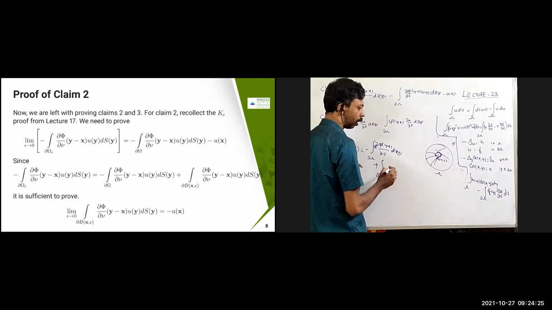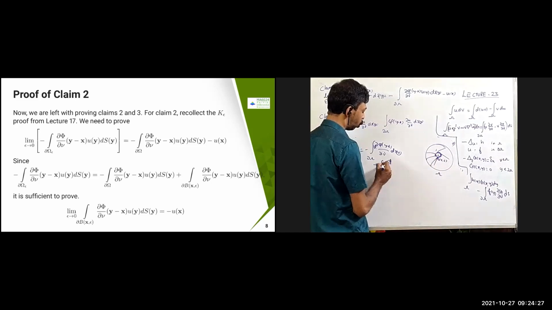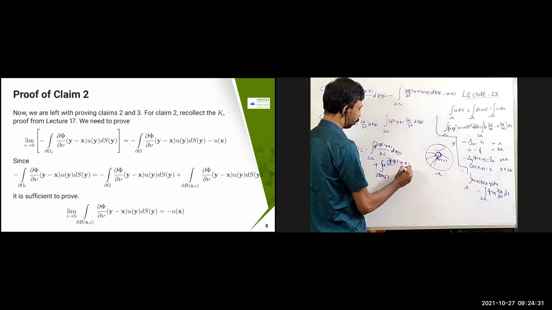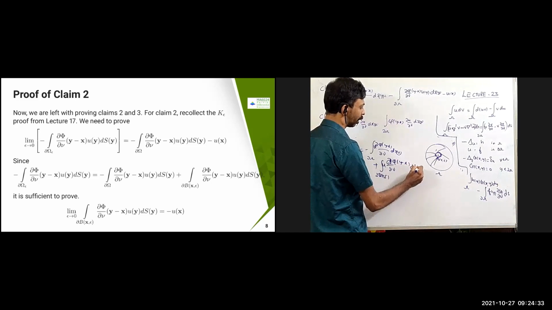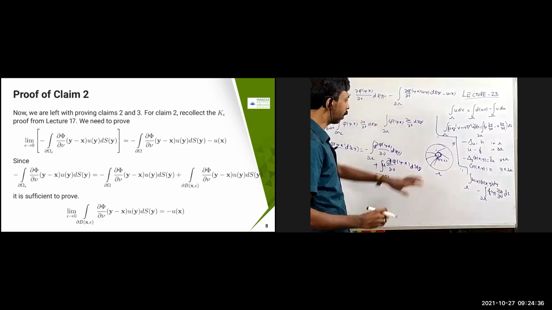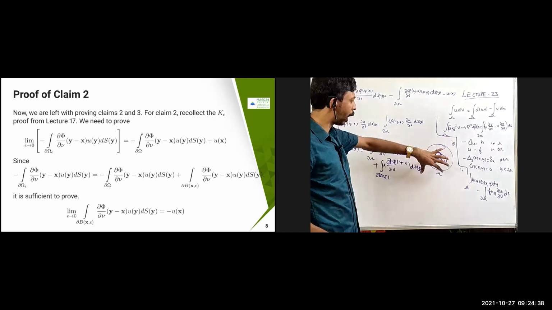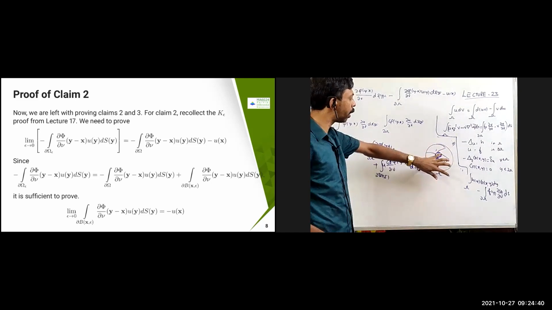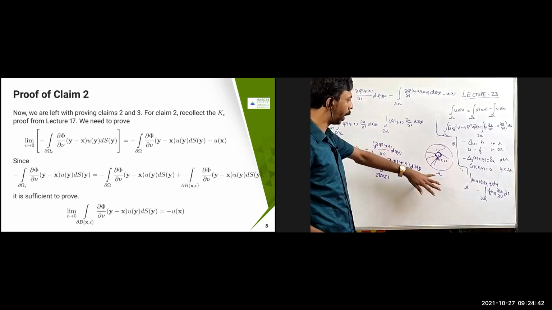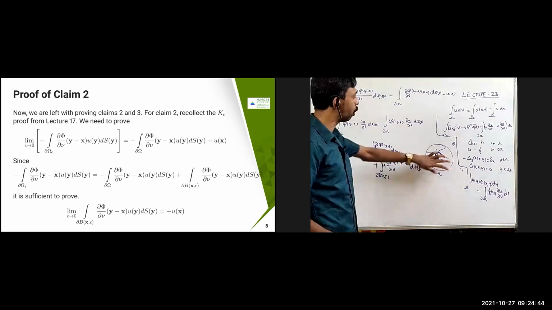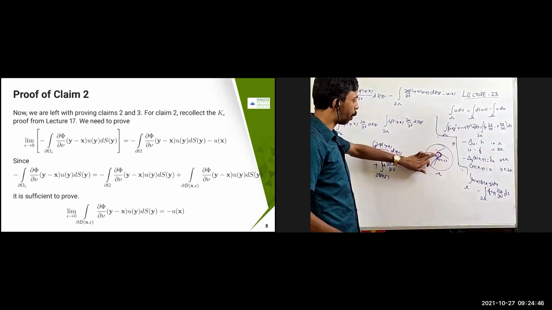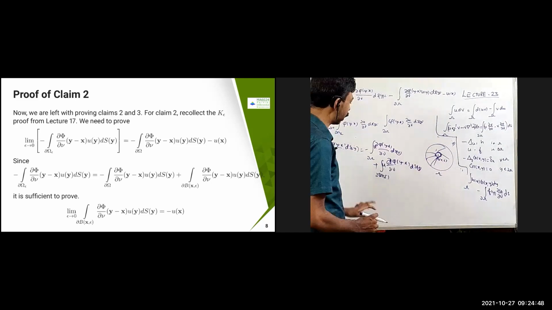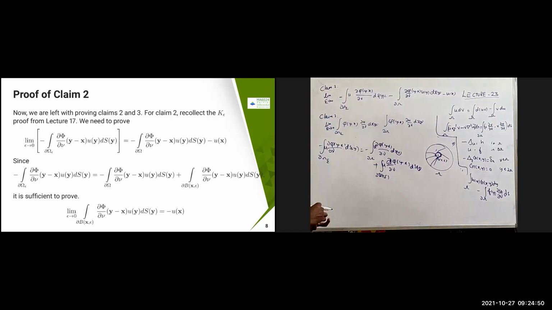Ω_ε is something outside, not including this ball. Therefore ∂Ω_ε has this boundary plus the boundary of B(x, ε). That is the reason I am writing this.